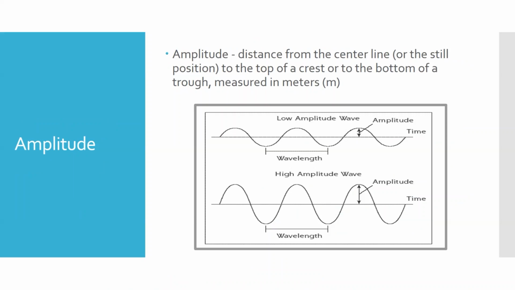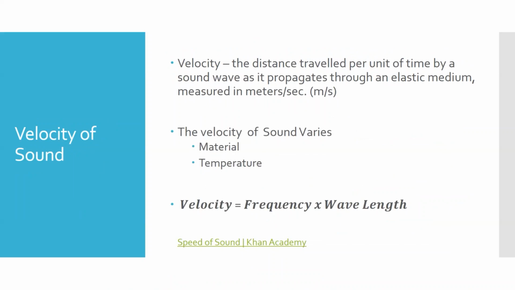Now, ultimately, changing wavelength, changing frequency, changing amplitude is just affecting the properties of the sound in the material, but ultimately the velocity of sound in a given material is fixed at a given temperature, pressure, all that, okay?